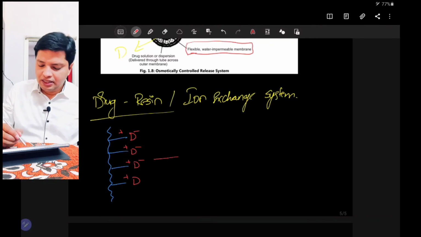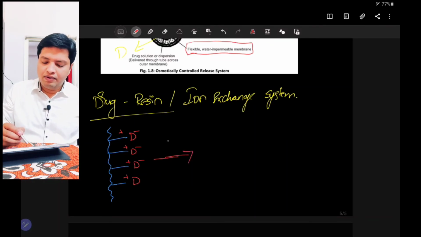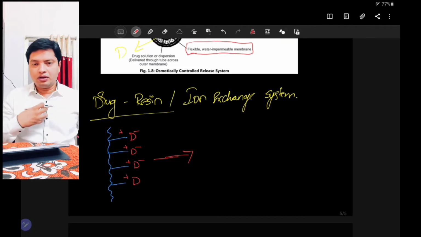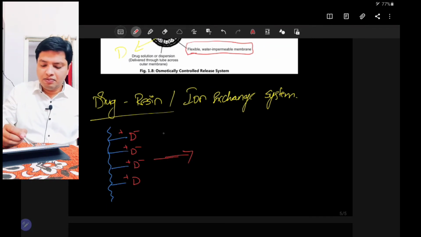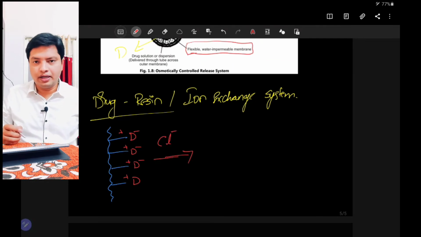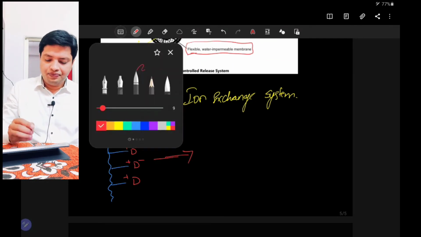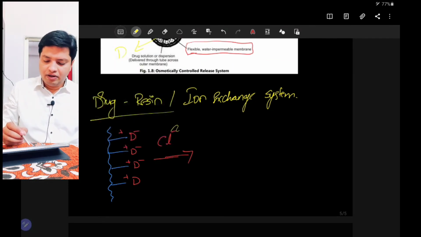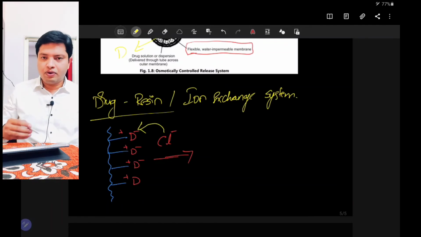Once it enters the water, let's say it is going to the stomach. In the stomach we have chloride ions, negative. This chloride ion will try to replace the drug.